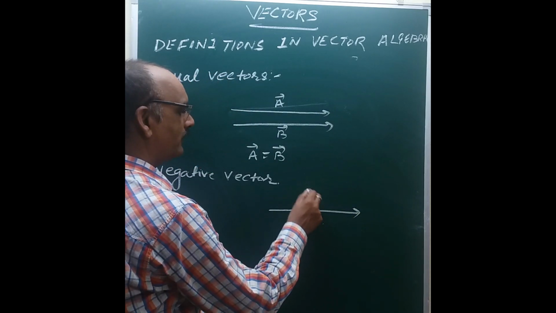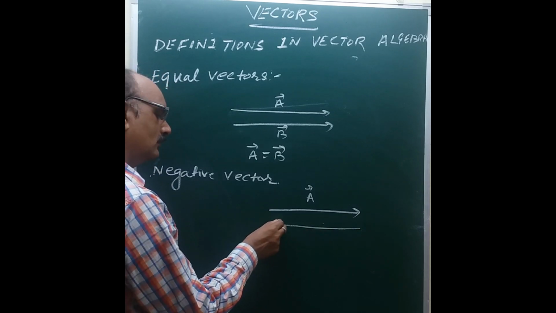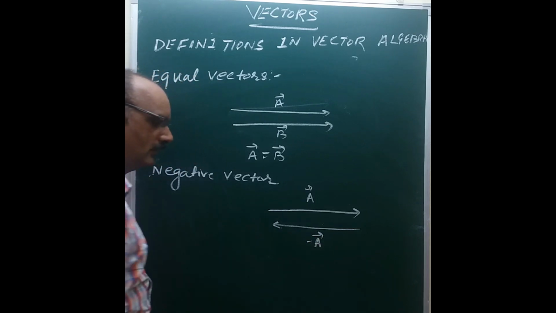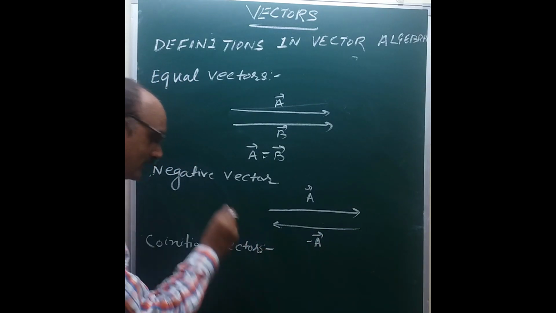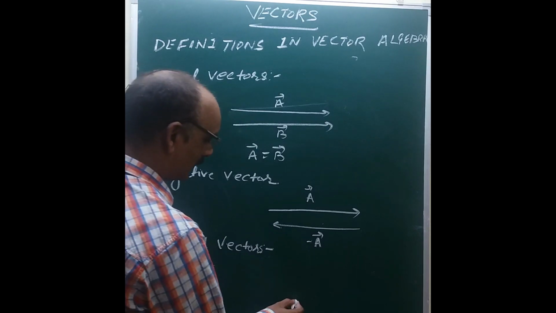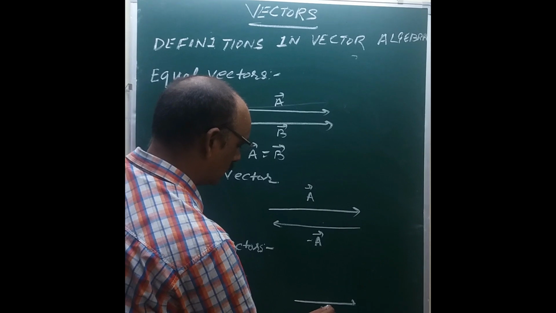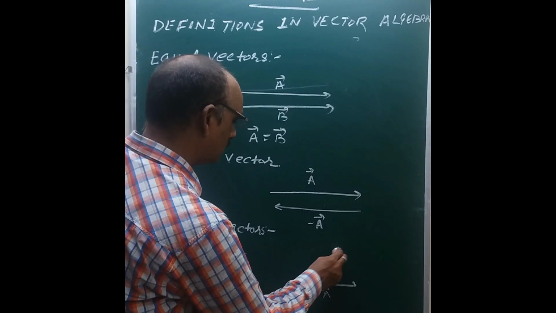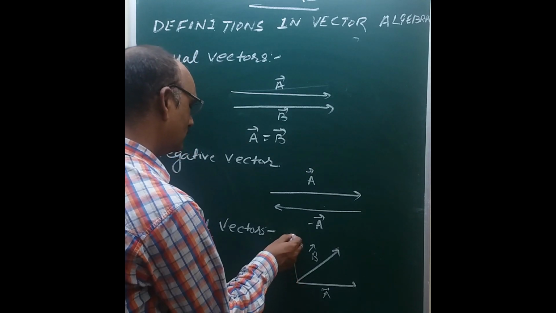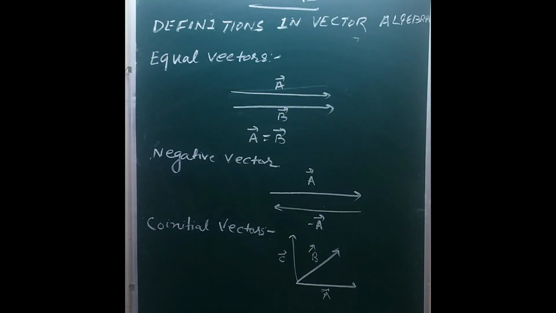This is vector A and its negative vector will be this much, minus vector A. Now, co-initial vectors. Those vectors which have the same initial point are called co-initial vectors.